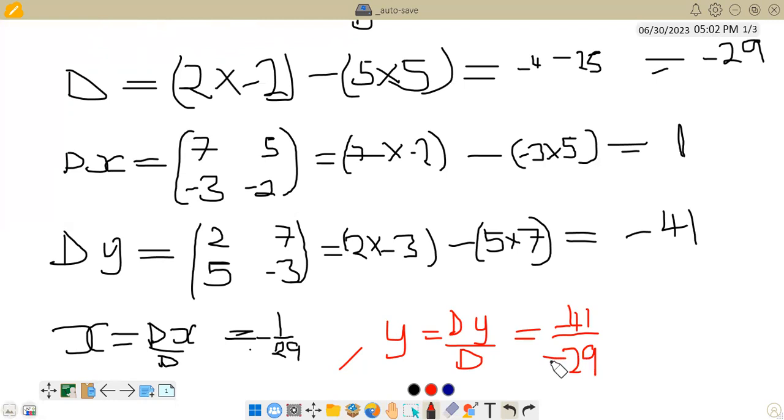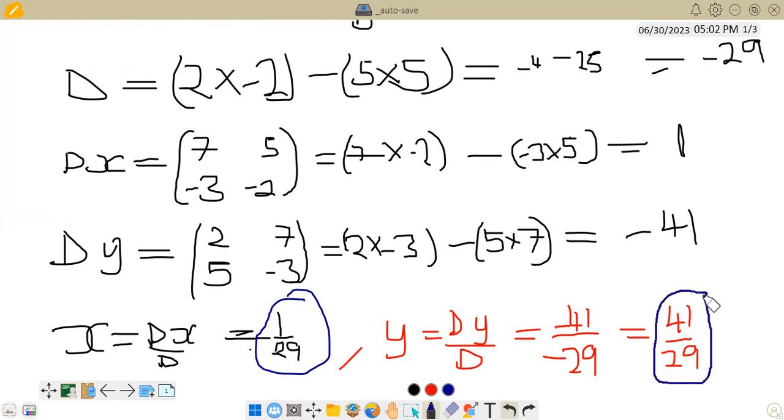Now the negatives will cancel. So it means we'll have positive 41 over 29. So what it means is the value of x is negative 1 over 29, and the value of y is positive 41 over 29.